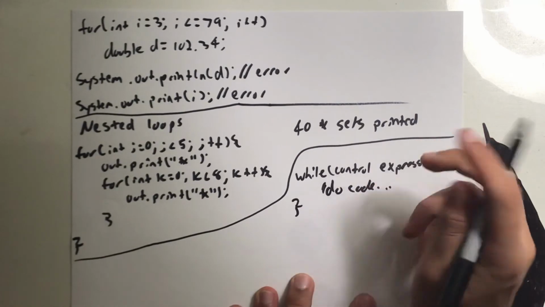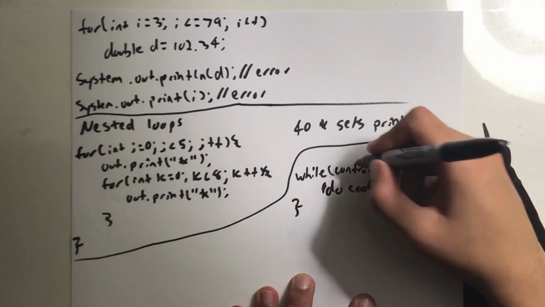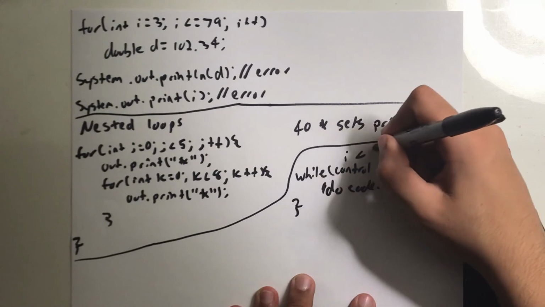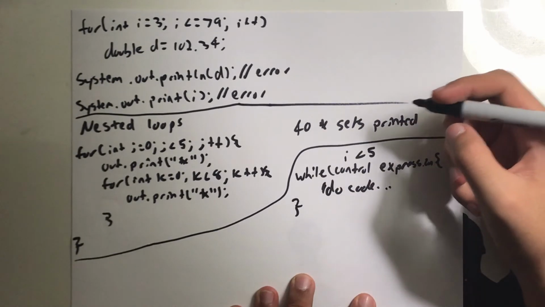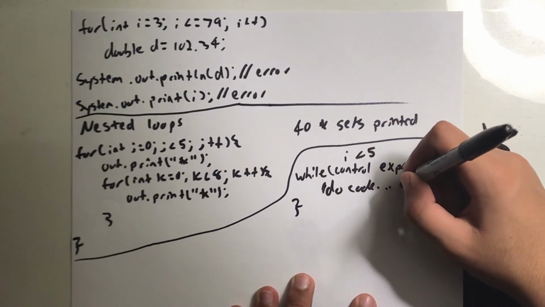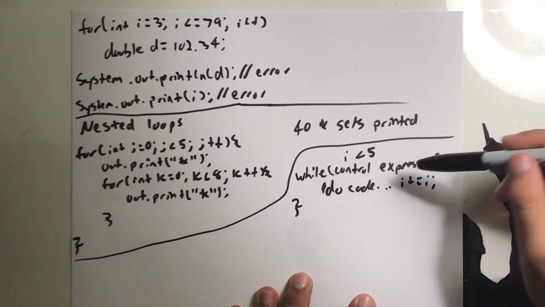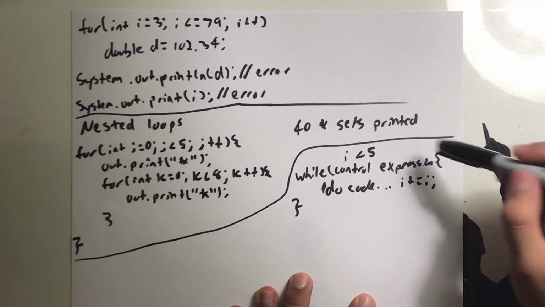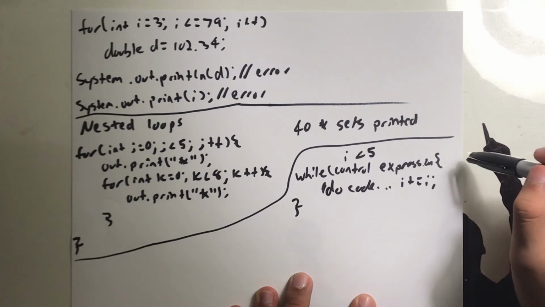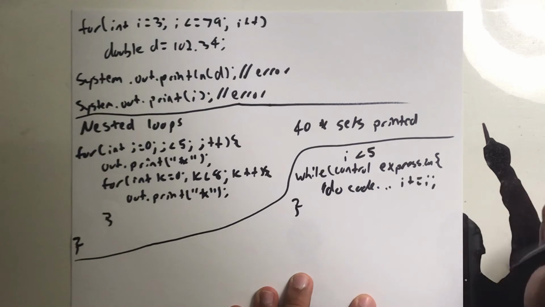That's it. So let's say, I don't know, while i is less than 5, and then you put like, I don't know, i plus equals i, right? This means you're going to add i to the new i. I mean, you're just going to multiply by 2, and that'll be the new i, right?